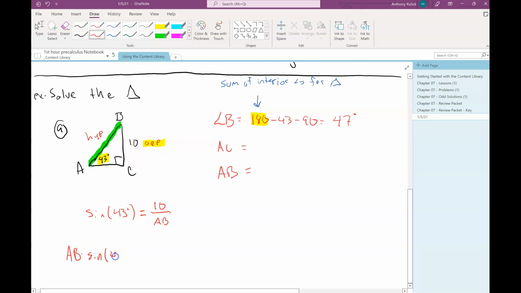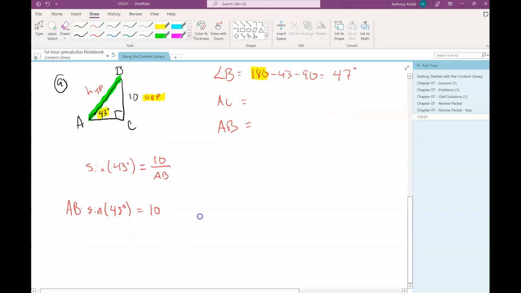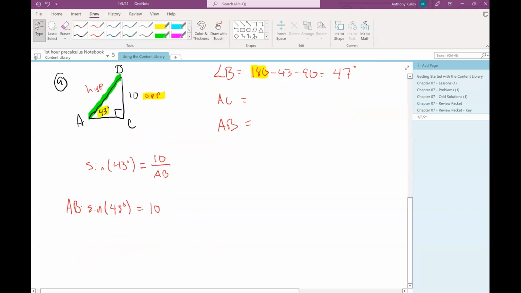So that's AB times sine 43 is equal to 10. And then I've gotta get AB by itself. Divide by sine 43 on both sides. Yep, exactly right.